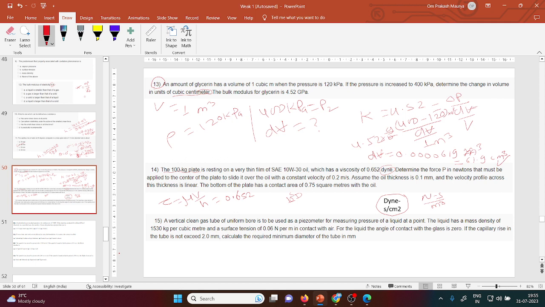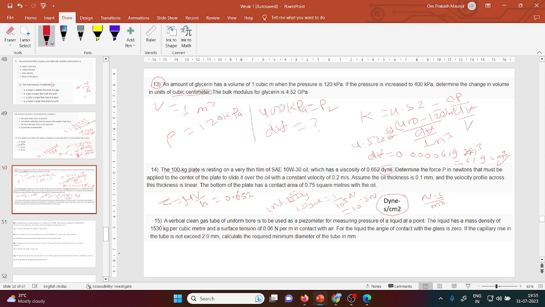10 to the power 5 dyne is equal to 1 Newton. So 1 dyne is equal to 10 to the power minus 5 Newton.